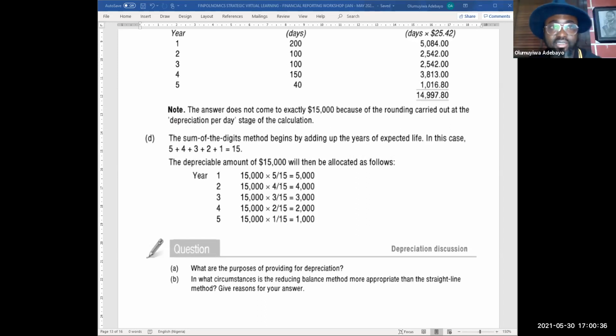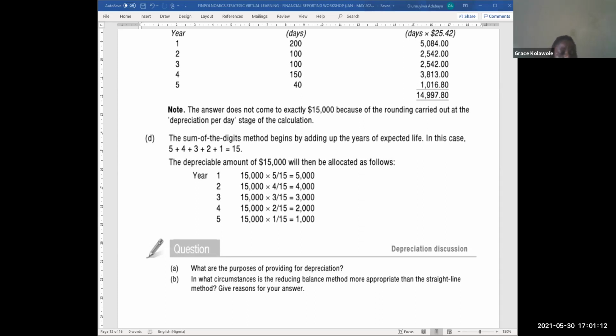In what circumstances is the reducing balance method better off in use than the straight line method? Reducing balance is better than the straight line method because it is assumed that the assets will be at utmost use in the first year, and will be more efficient in the earlier years of the asset than the later years.